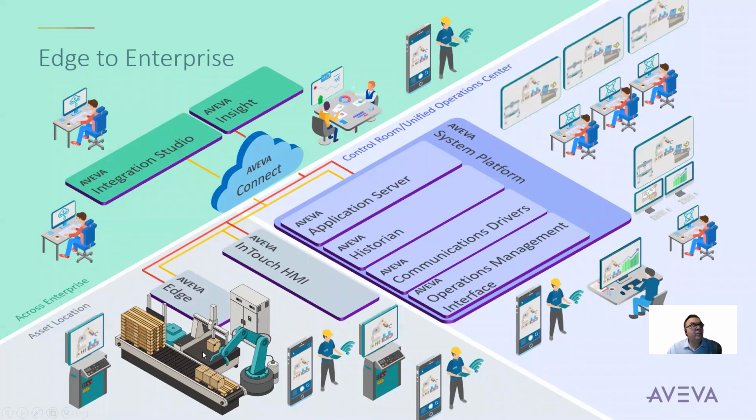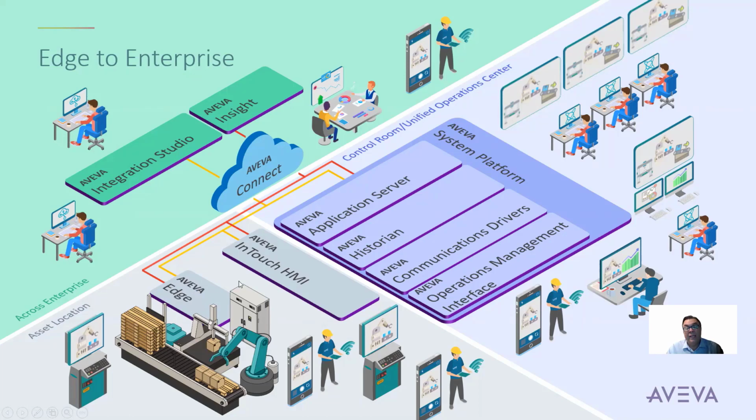So this paints a bigger picture. If you take a look here, where does Aviva Edge fit into the bigger picture? Down here at the asset location, we've shown kind of a manufacturing environment here, but it does not have to be a manufacturing environment. It can be process, it could be infrastructure, it could be utilities, water, wastewater, wind turbines, wind farm, solar, et cetera.